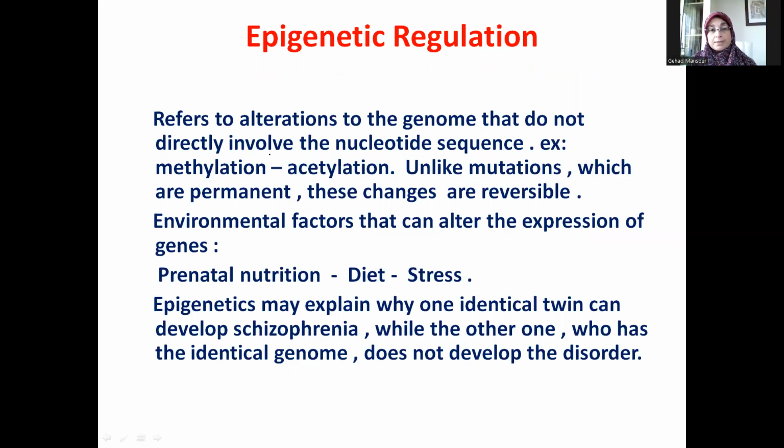Now, methylation and acetylation, the processes we have just talked about, are examples of epigenetic regulation, meaning that this is regulation of gene expression through environmental factors. Here, methylation and acetylation are inner environmental changes, but there might be other changes that are external environmental changes like stress, like diet, but even the diet of the mother during pregnancy, which we call prenatal nutrition.